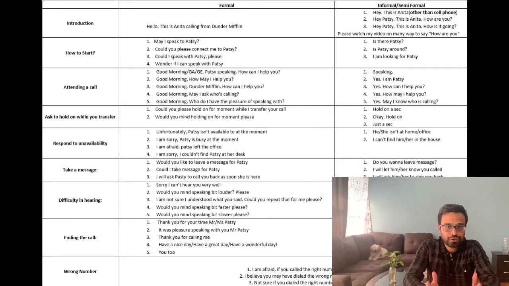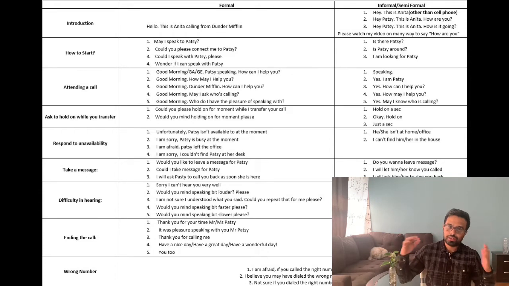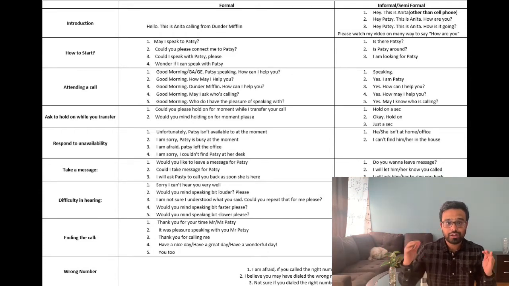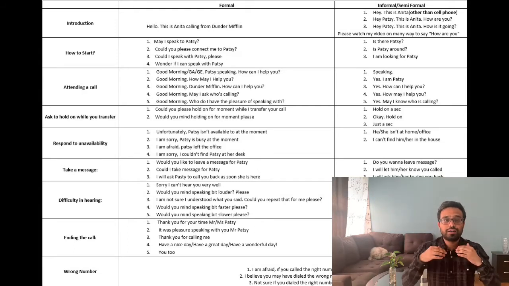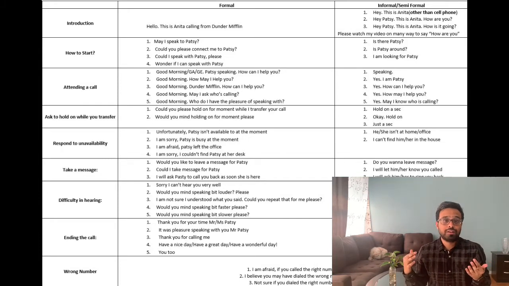So friends, this is the screen that I was talking about. I have distinguished formal and informal and semi-formal into two different categories, and I hope you'll be able to follow one by one. First, let me start with formal. Another thing I want to mention before I start is, there are many of you who are watching this. You could be Raj, or you could be Arun, or you could be anyone, right?